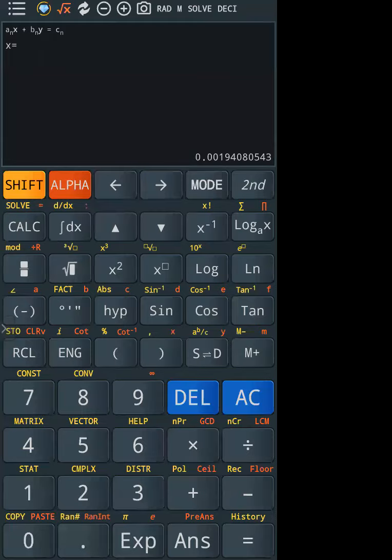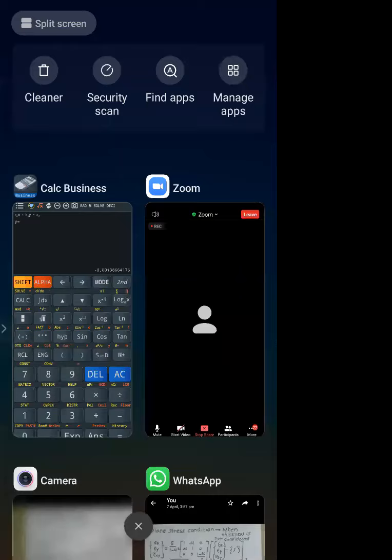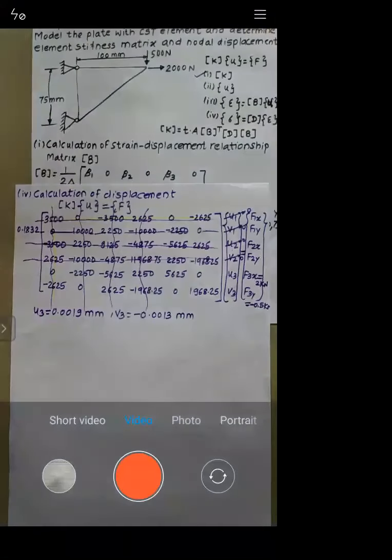So U3 we are getting as 0.0019 mm, and V3 we are getting as minus 0.0013 mm. Is it okay? Yes or no? Yes, sir. Right? So now we got these displacements, right?